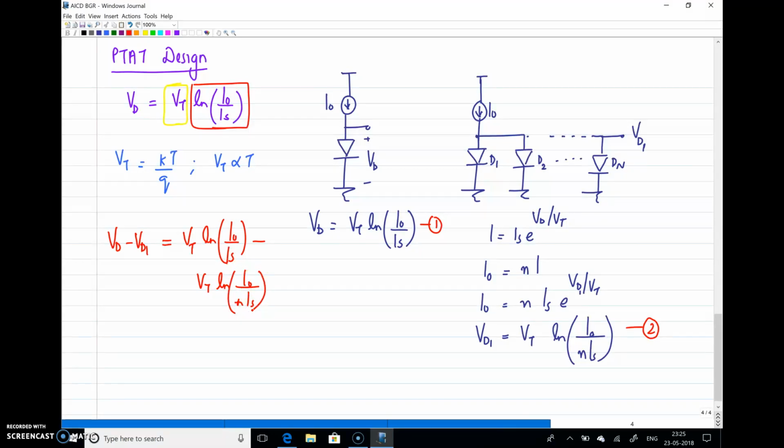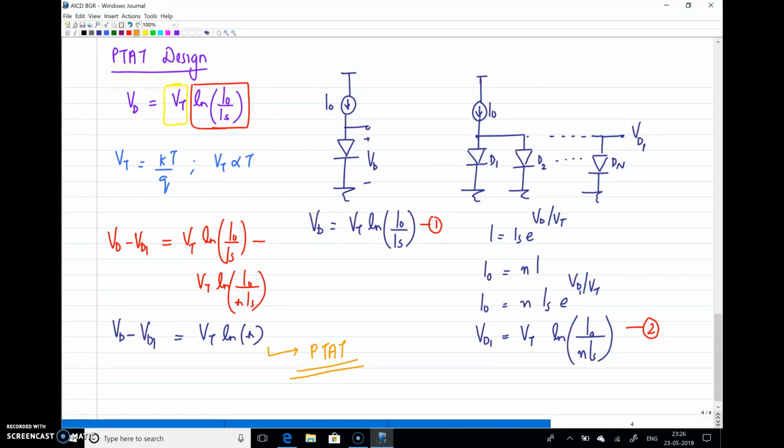So what will be the result? Vd minus Vd1 will be equal to Vt ln n, where Vt is actually kT/q. So ln n is a constant value, so a constant into kT/q, which is exactly a PTAT. So this is a PTAT, right?